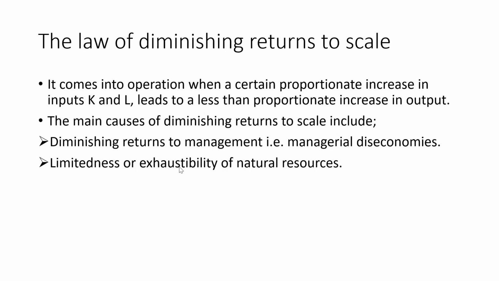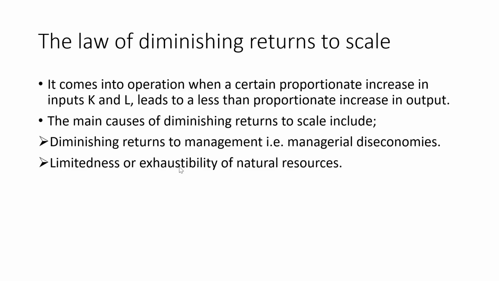The causes of the diminishing returns to scale are attributed to the diseconomies of scale. The most important factor which causes the diminishing returns to scale is the diminishing return to management. That is the managerial diseconomies of scale, like we have seen. As the firm expands, the managerial efficiency declines.